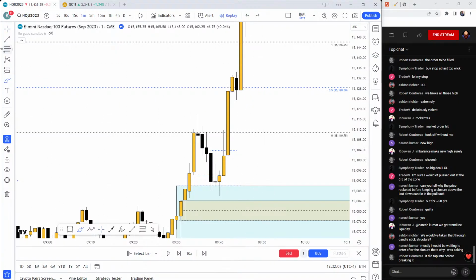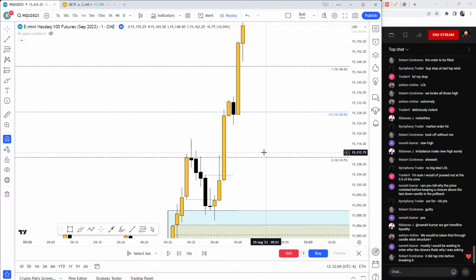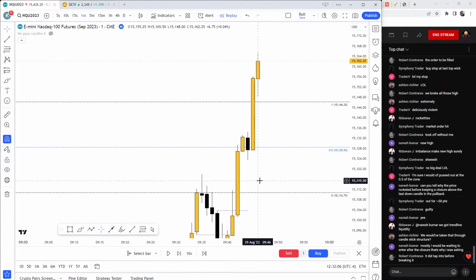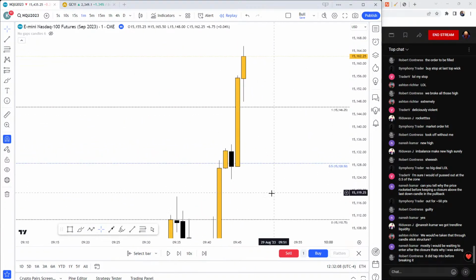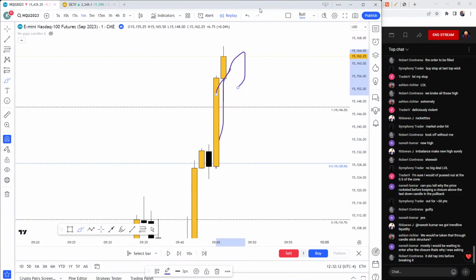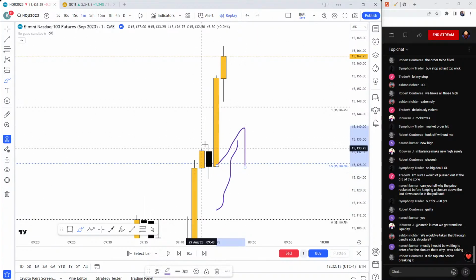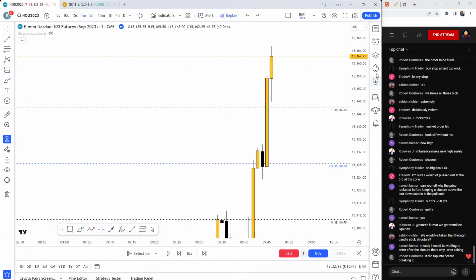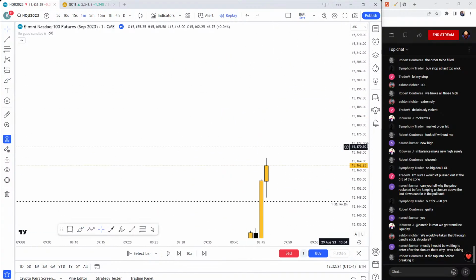I don't short into things like this, regardless if it gives me 10 points or not. Why? Because look what happened after we traded into that imbalance and respected it. I don't want to be on this side of it. I want to be here. I don't want to be trying to take this. We don't know how high it's going to go.